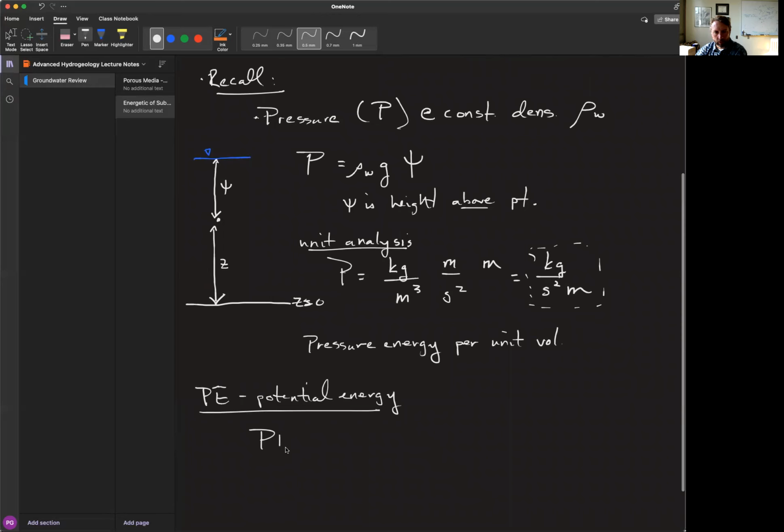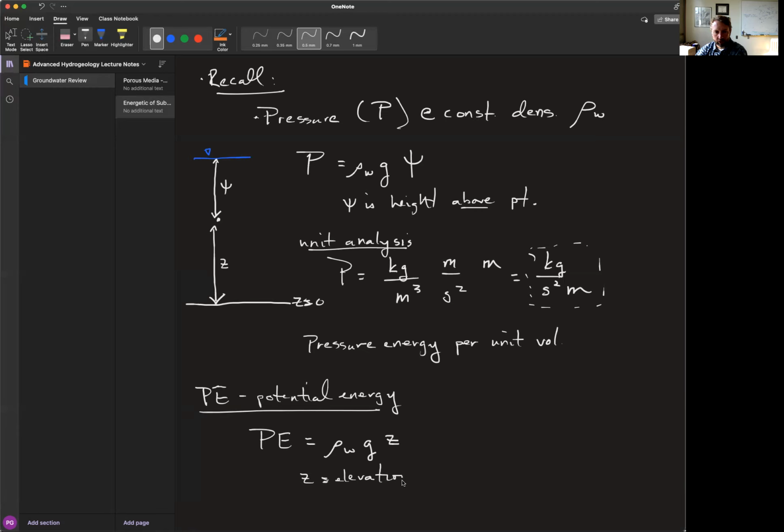And recall that potential energy for constant density fluid is calculated as rho water g. And now here we use z, where z is the elevation of our point.